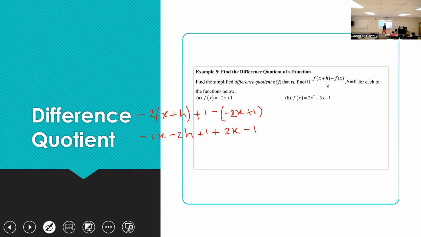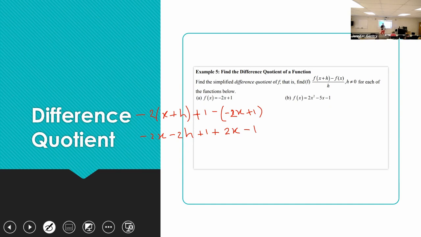I have a question. Yes, sir. For that top one, the negative f to the right side, how do I know it's a negative right there? Plug that in. Because my formula is f of x plus h minus f of x. Right here you just get rid of the f.